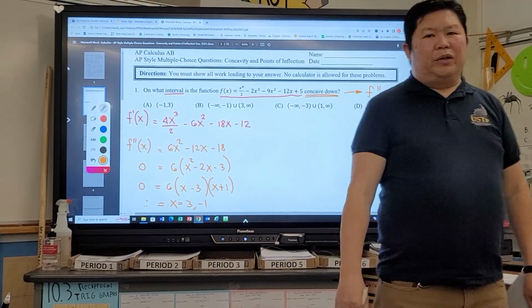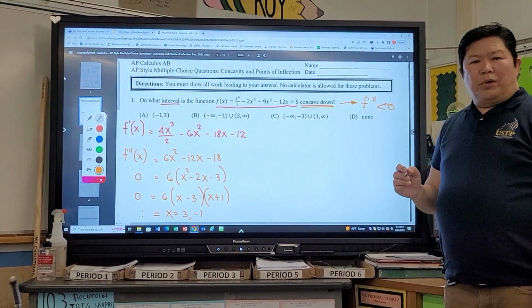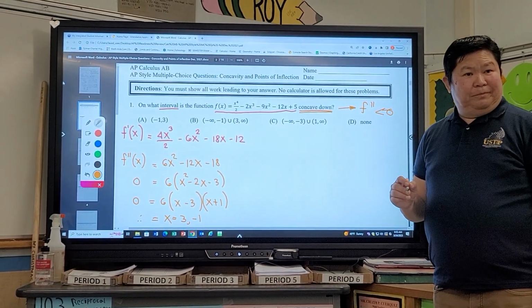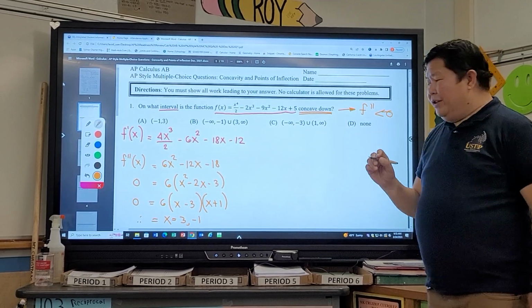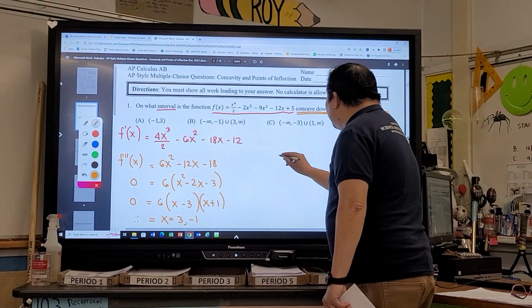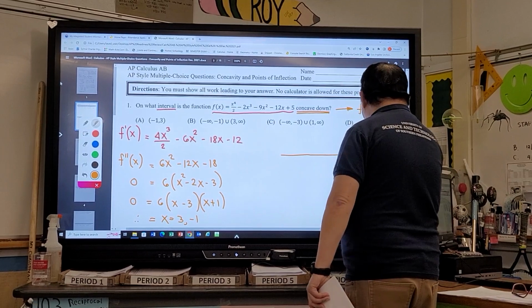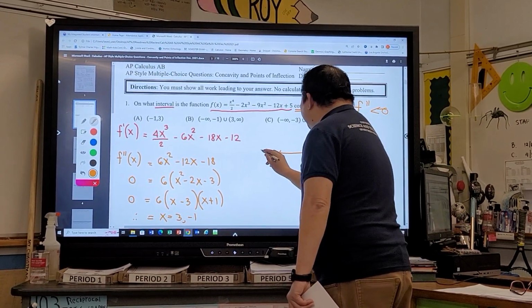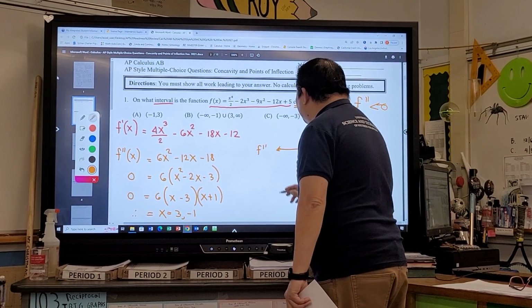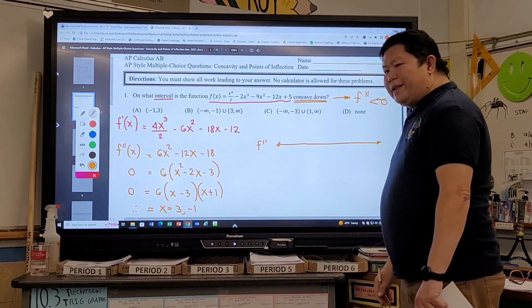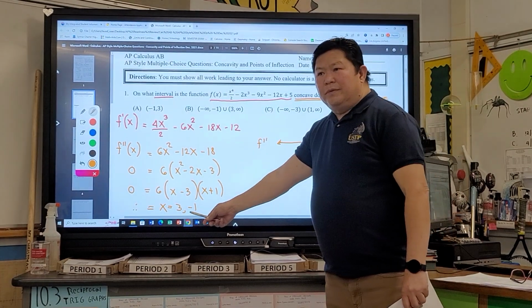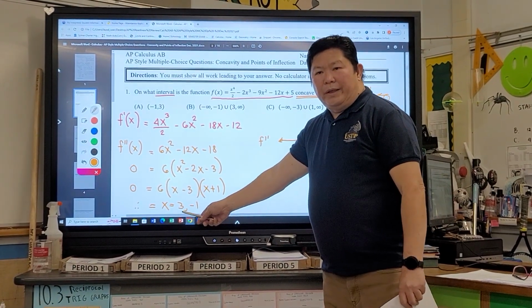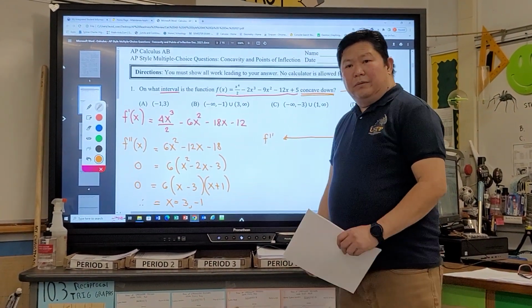Isn't it that we're gonna do the f double prime line test? And what are these candidates? Negative 1 and 3.